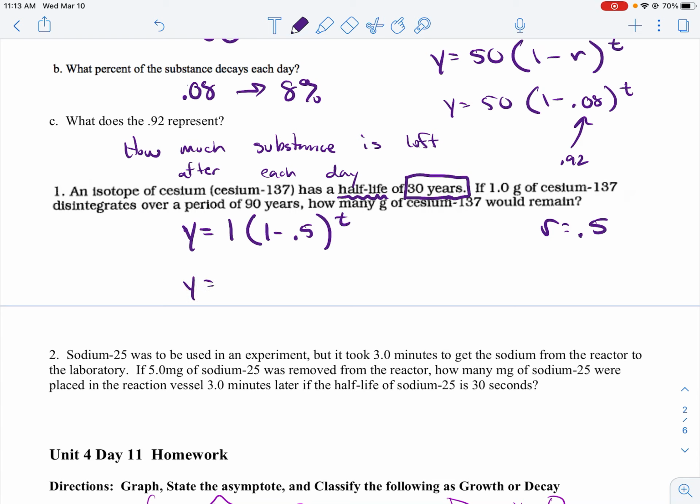So what is our t? How many cycles do we have? Well, if 30 years represents 1 cycle, and we're going over a 90-year span, that means we went through 3 cycles. Okay?